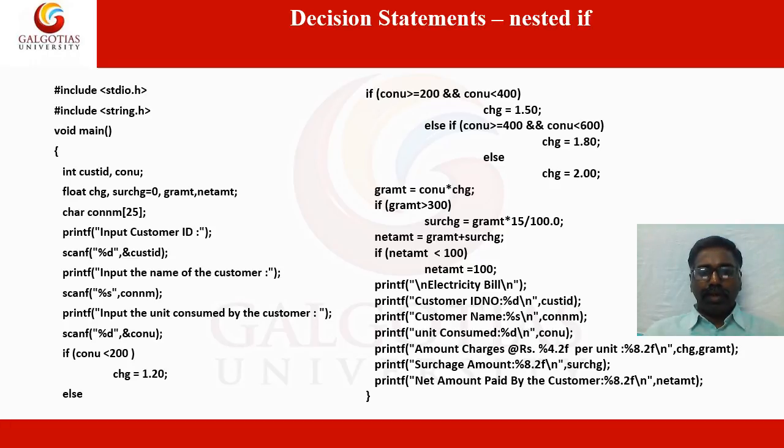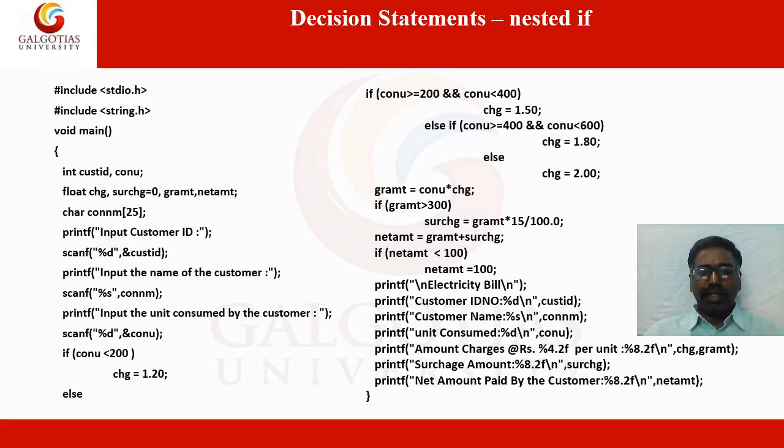Else, this else part stands for when the consumed unit does not fall under any of these decisions, then the charge will be 2.0. That is, it is greater than 600. That's why it comes directly to the else statement here.